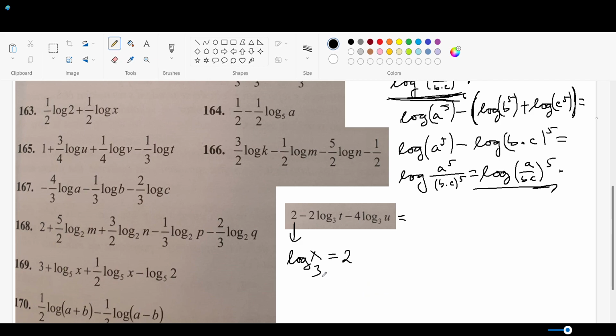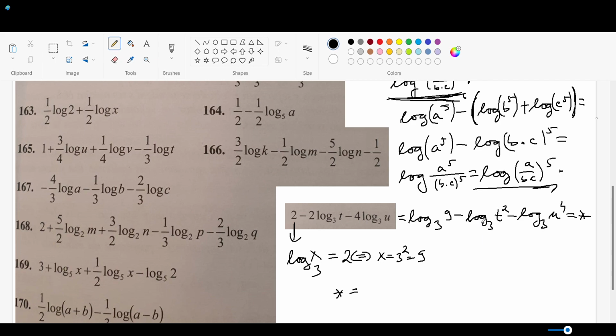And now you're right, the answer is, this is if and only if x is equal to 3 squared, which basically means number 9. Okay, so we can really rewrite this as a logarithm base 3 of 9 minus logarithm base 3 of t squared minus logarithm base 3 of u to the power of 4, and this one is equal to.